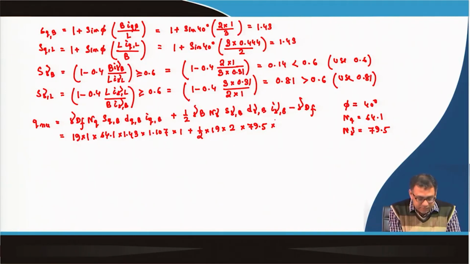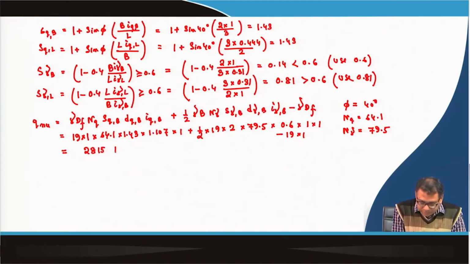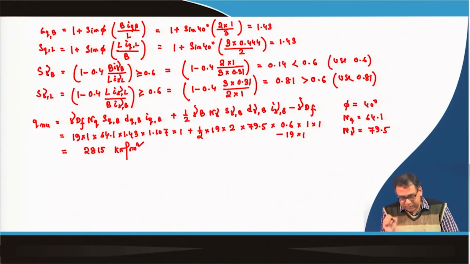Then D gamma B is 1, and then i gamma B is also 1. And then minus 19 into 1. So, this value is coming out to be 2815 kilonewton per meter square. This is one set of equation.